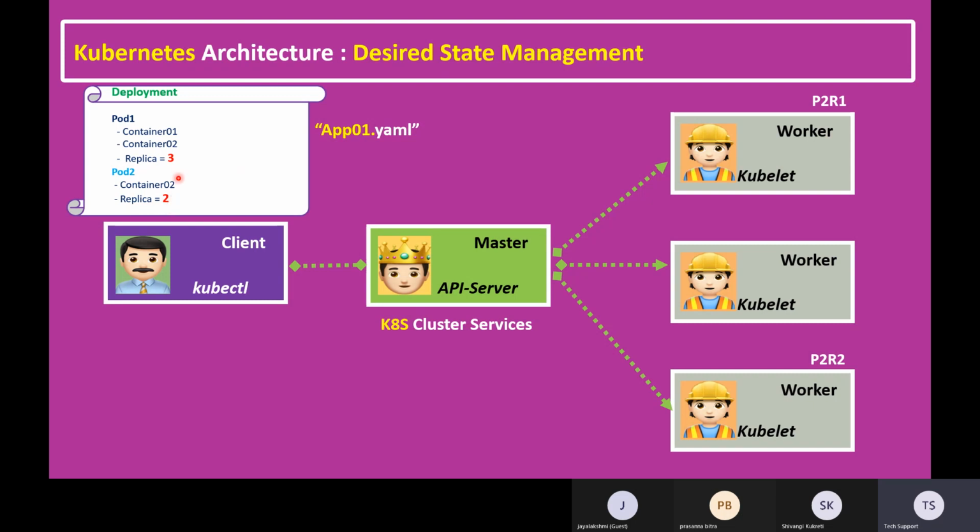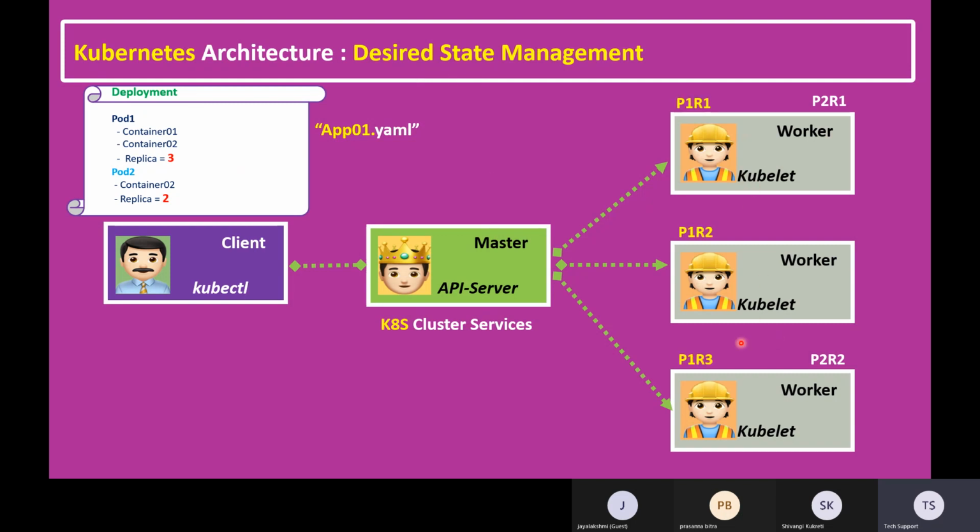In this scenario, when you submit this deployment app1.yaml information to your master node, that means the Kubernetes cluster services, the master will, based on your deployment configuration file, deploy this desired state configuration at the worker level.